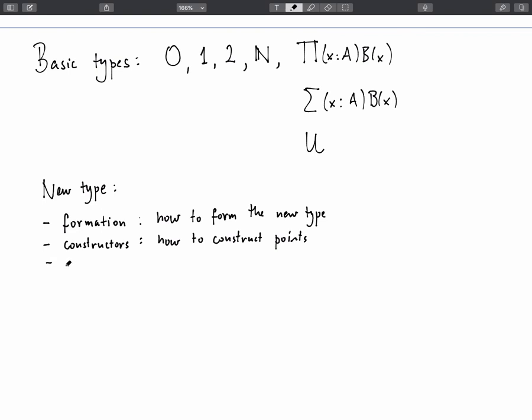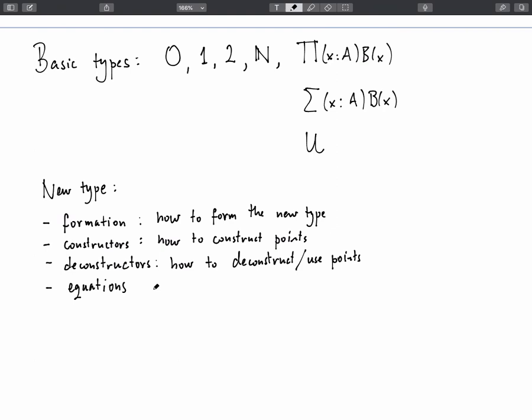Then you have deconstructors: how to deconstruct or use the points. So if somebody gives you a point of this type, what can you do with it? And then equations. The equations are always about what happens if I construct and then deconstruct, or vice versa.